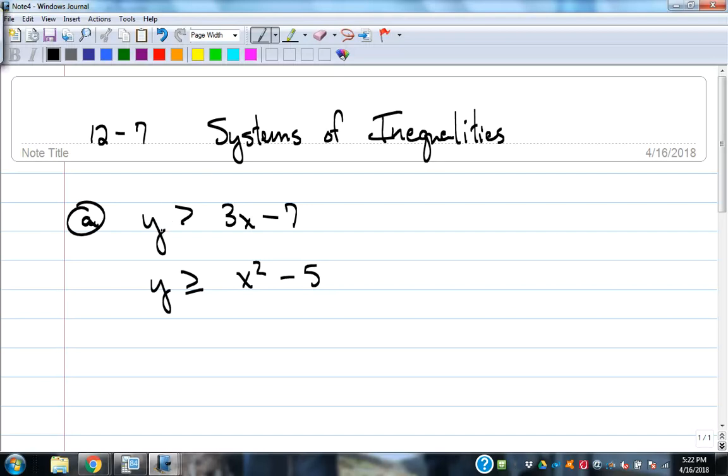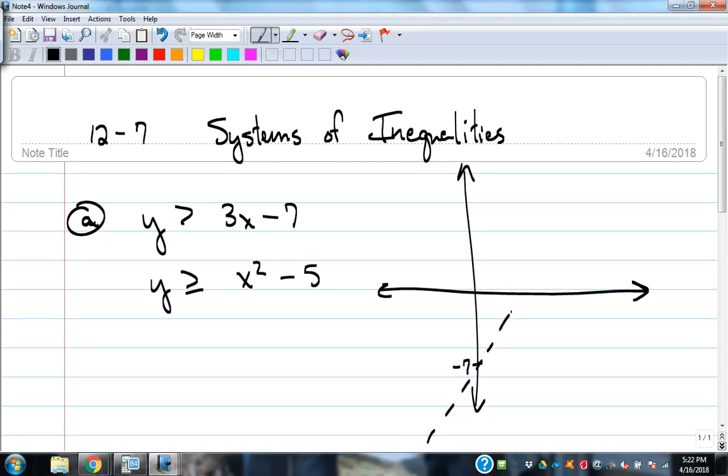Now, what does the graph of y is greater than 3x minus 7 look like? Just a rough sketch, and then we'll do it with the calculator. Well, I go down to -7, and that's my y-intercept, and I go up 3 over 1. And here's the difference in it and a regular equation.